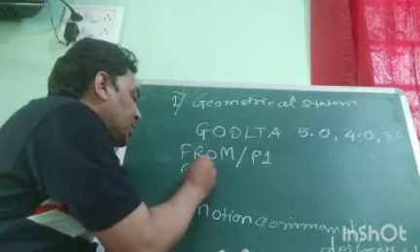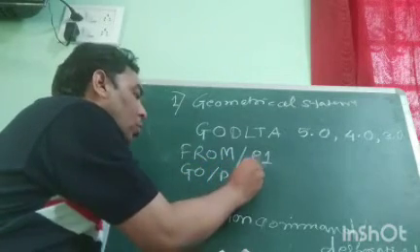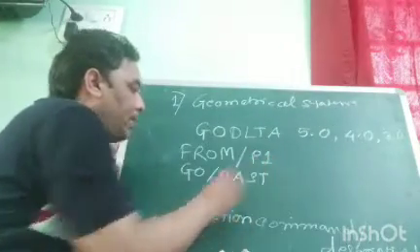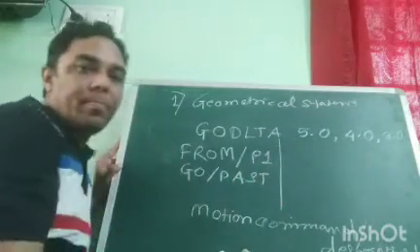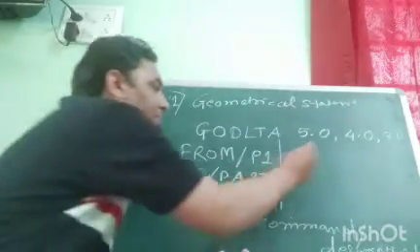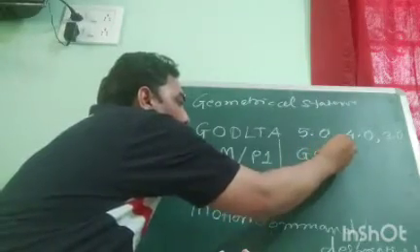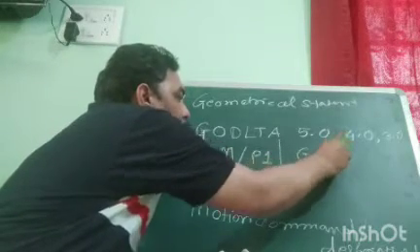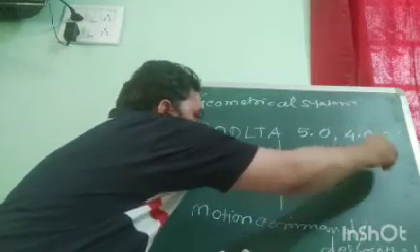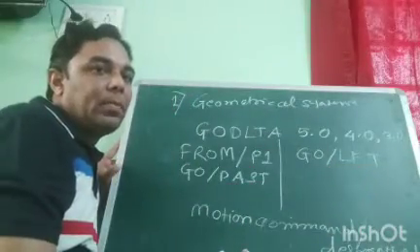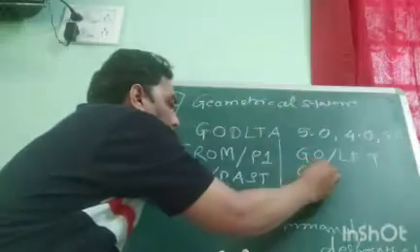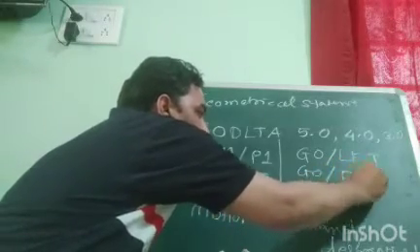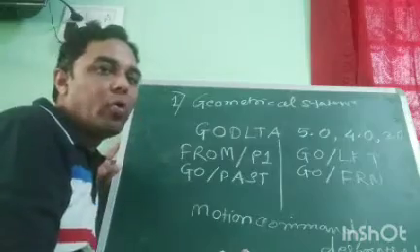Now, GOPAST: if I want to go back, I just write GOPAST. Then GOLFT: if I want to move the tool in the left direction, I write LFT, left. If I want to move the tool forward, we write FRW, go forward.